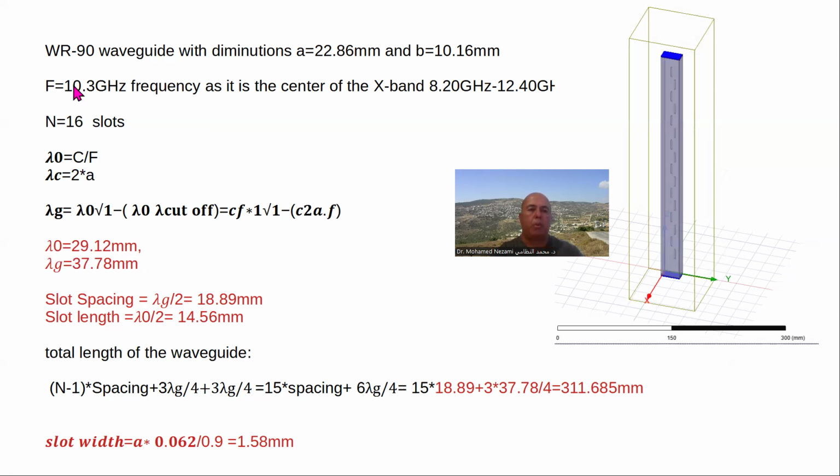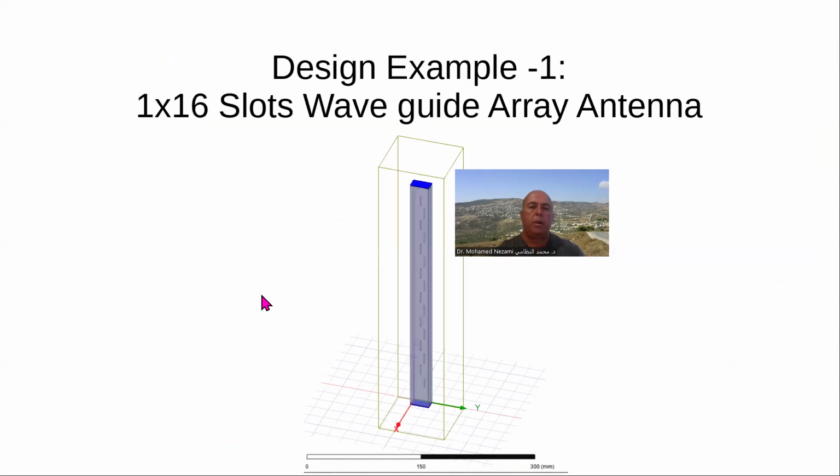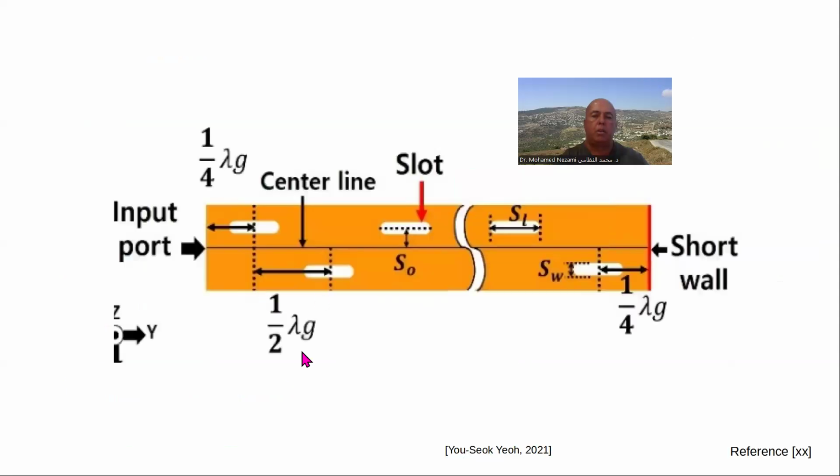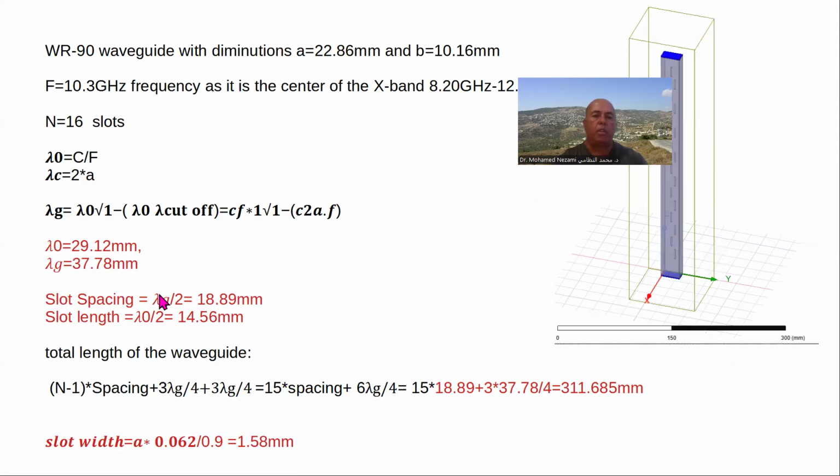So at 10.3 gigahertz, the wavelength in free space is about 29.12 millimeters. The waveguide wavelength is 37.78 millimeters. And then of course, from that, now the first dimension that can fall out of this, according to trying to find these dimensions to determine where the slots should be placed, the quarter wavelength and the half waveguide wavelength.